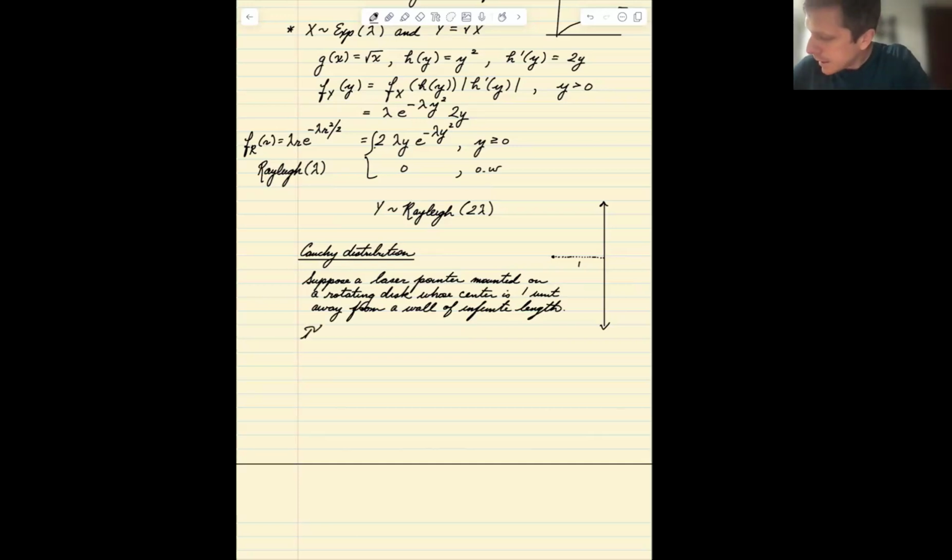So the disc spins repeatedly between, we'll say, minus 90 degrees and 90 degrees. So the disc is spinning between in this way, right?